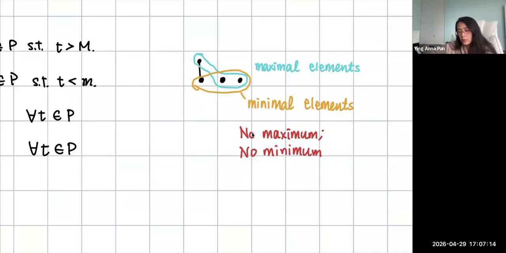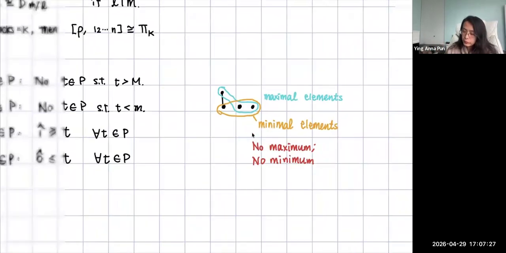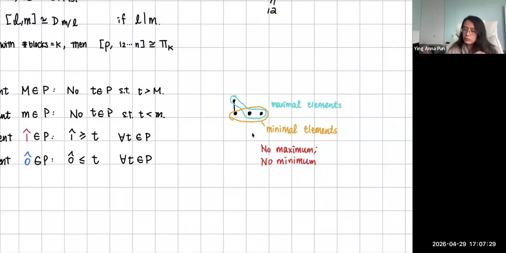So you can see that it's not about where you draw it, because even if I draw it at the bottom or the top, it does not really affect whether it is maximal or minimal. It depends on whether you have a line above or below. And an element can be both maximal and minimal.